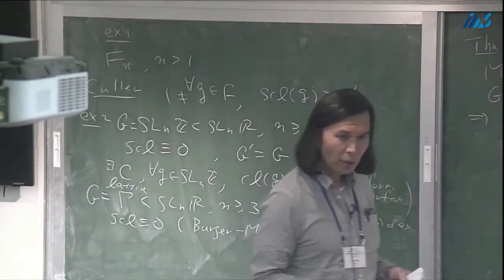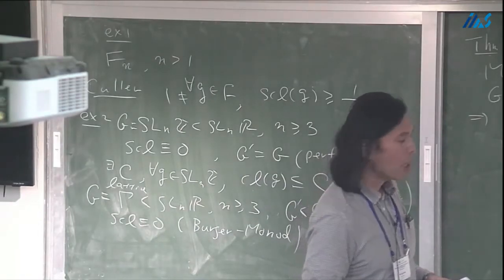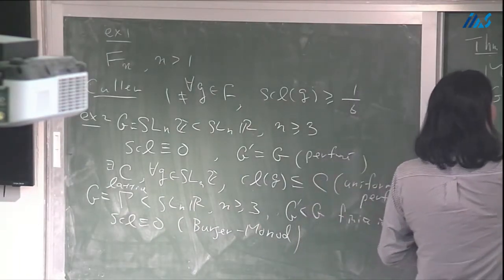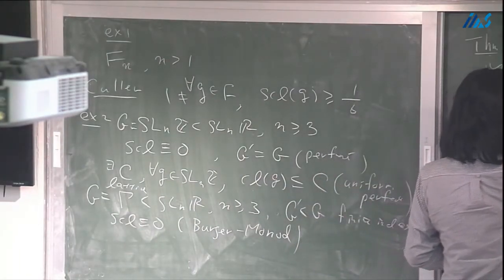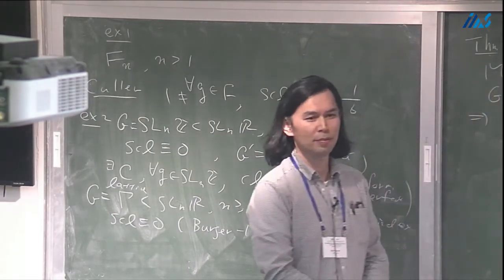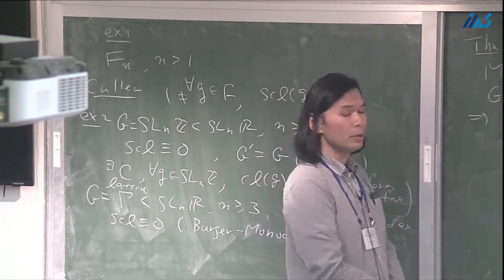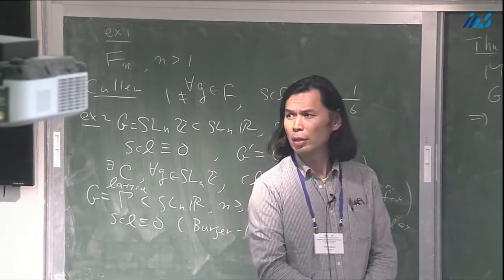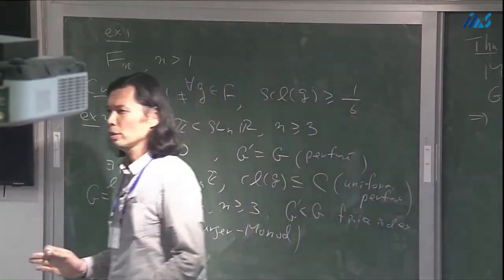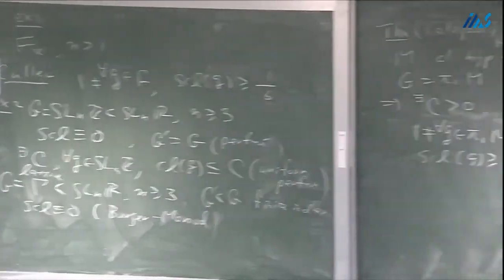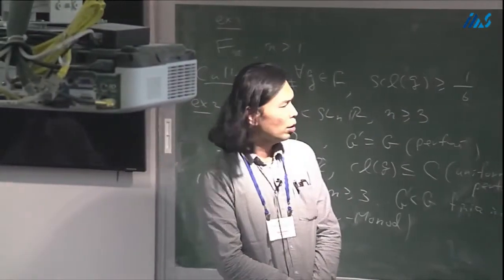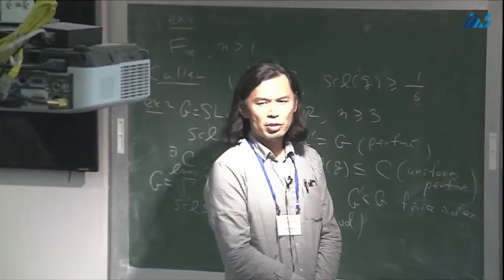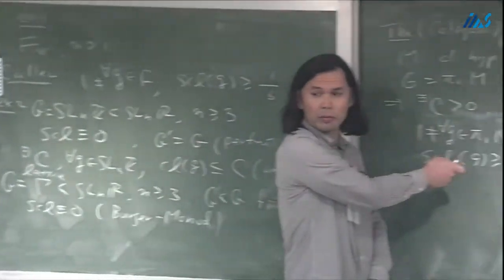In this sense. No dimension restriction? No. Dimension 1 I don't like. Dimension at least 2. Yeah. No, 1 is okay. 1 is Z, then it vanishes. No, it's okay.